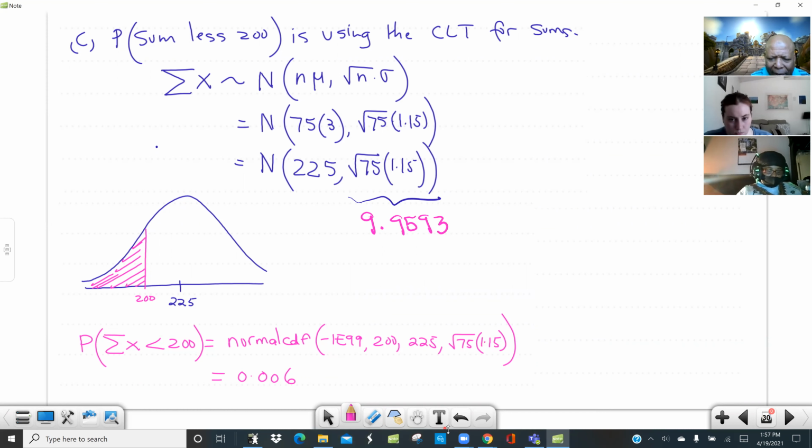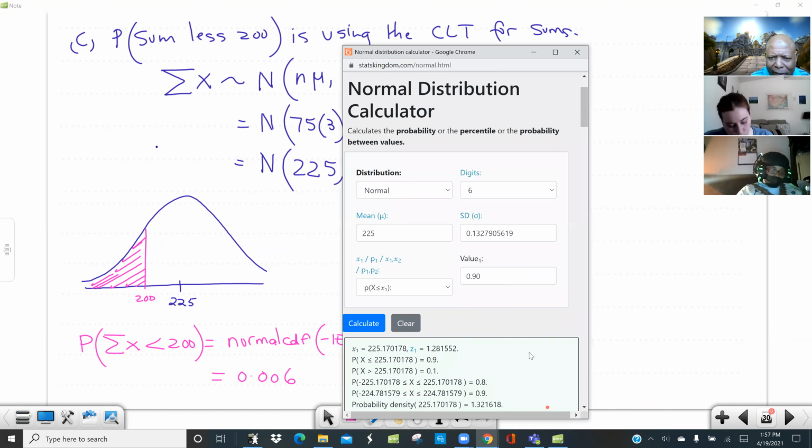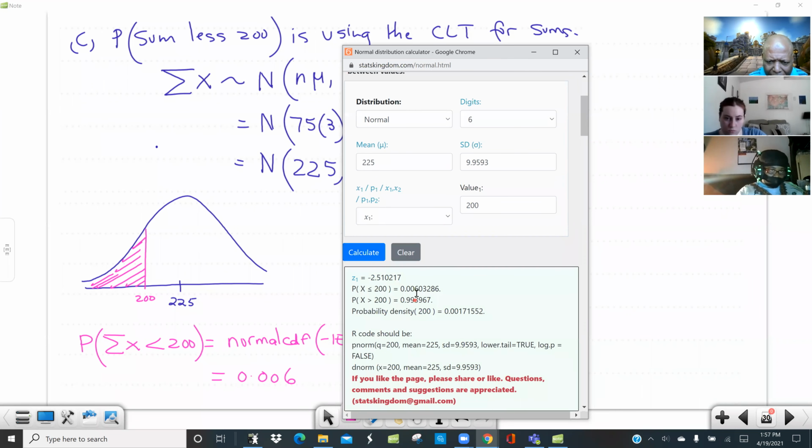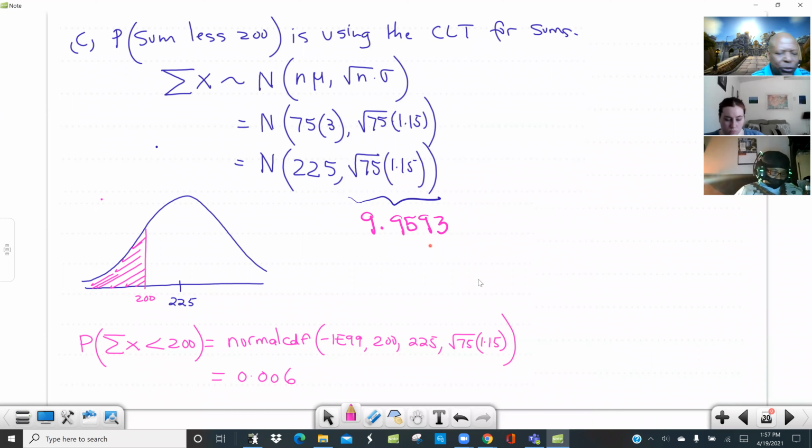So if I go back here, no wonder I was not very comfortable with that value. 9.9593. And if I want to find the area to the left of 200, yeah, this is it, 0.006, which is what I have over here. So I was putting in a wrong standard deviation, guys. I'm sorry. I wasn't multiplying as I should.